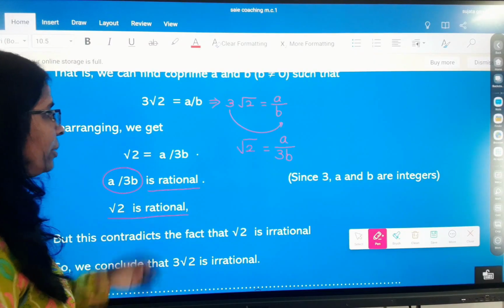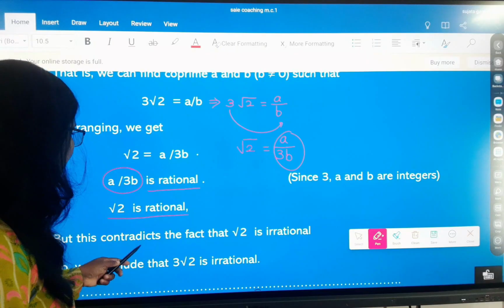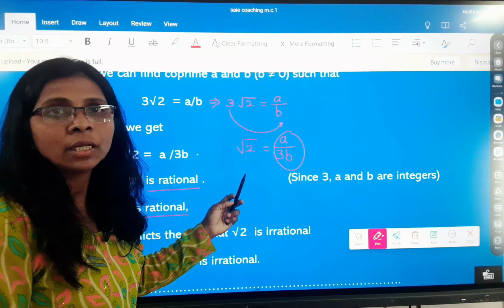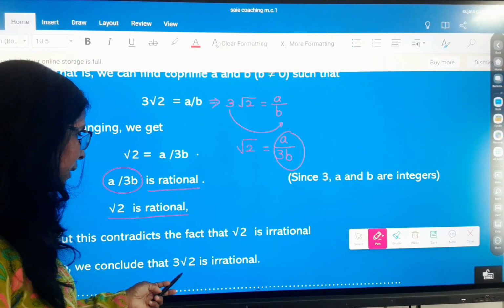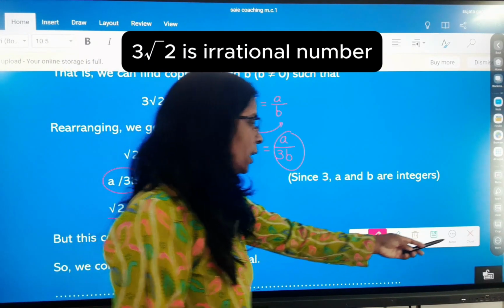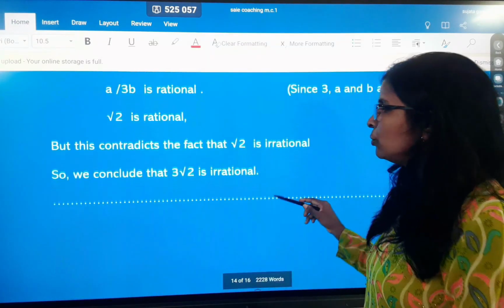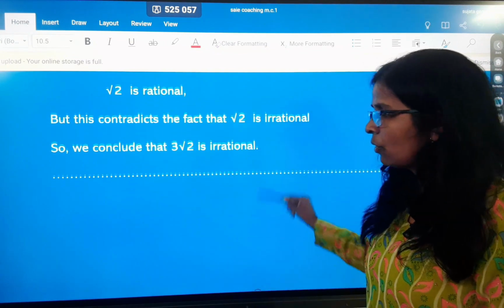As a upon 3b is rational, root 2 is rational. But this is a contradiction. We know that root 2 is not a rational number. It is an irrational number. And that way we conclude that 3 root 2 is an irrational number.